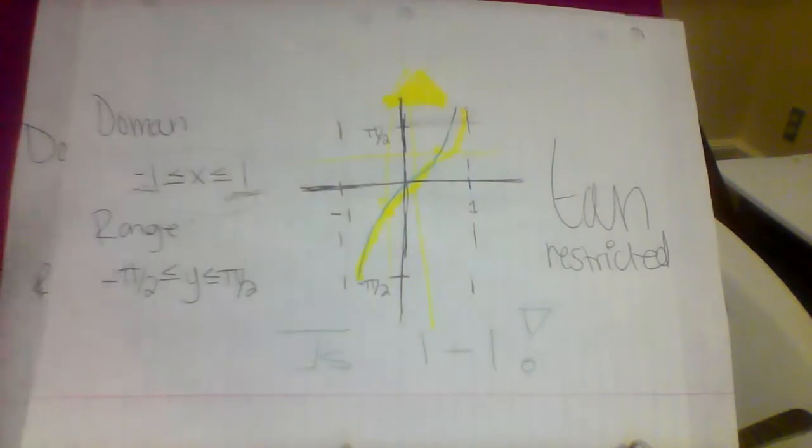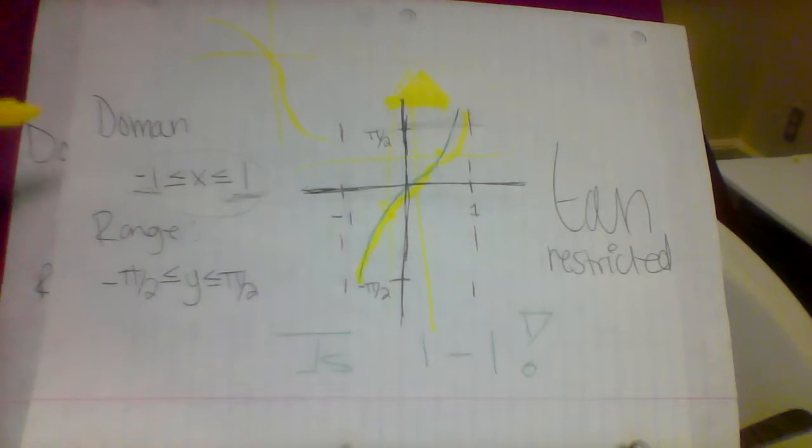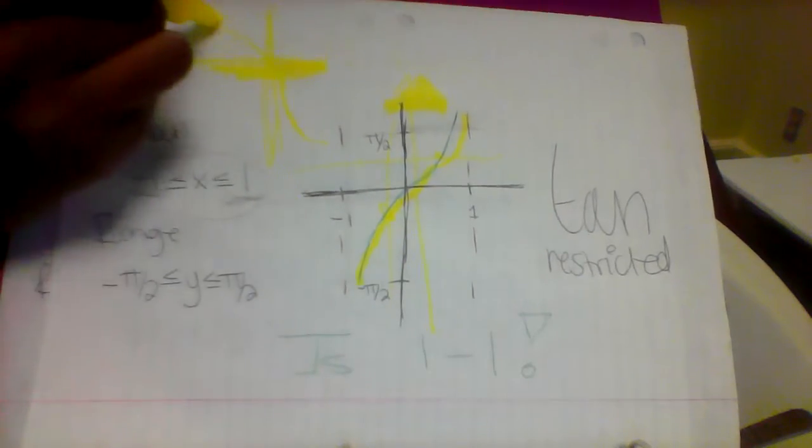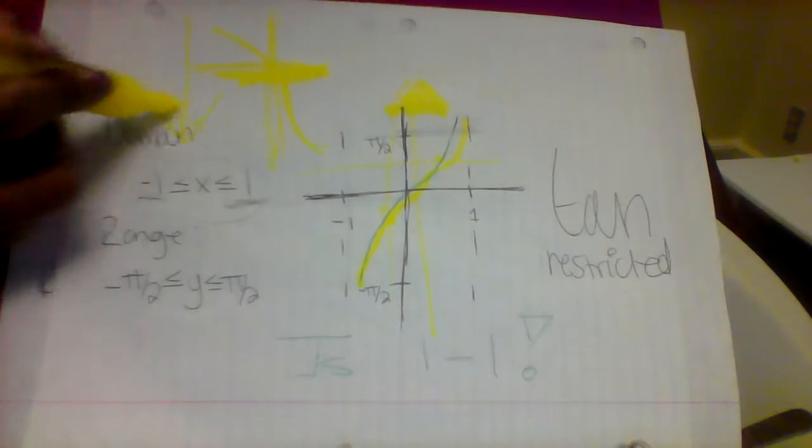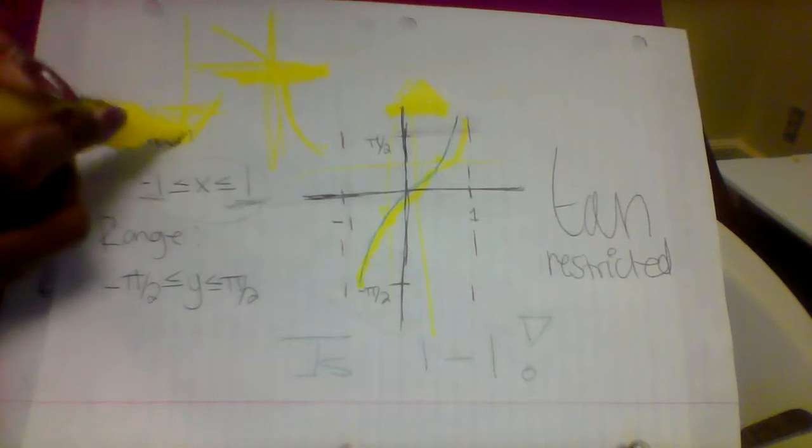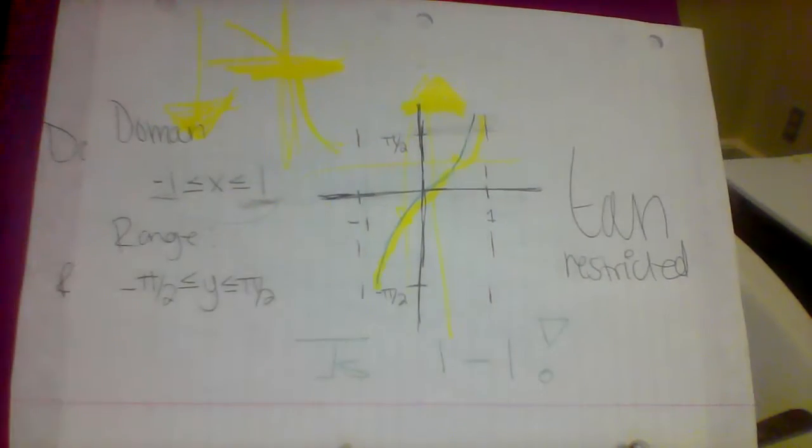If it were decreasing, the graph would be going kind of like this, not exactly, but it'd be going down. So that would be decreasing. There's the opposite, but this is increasing.